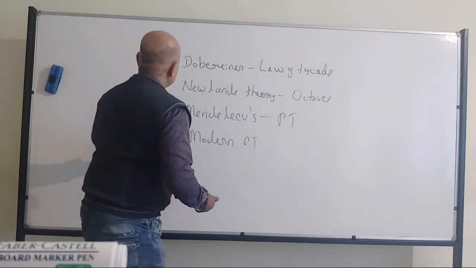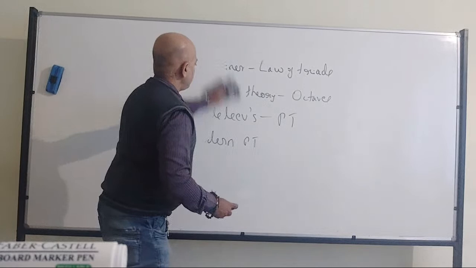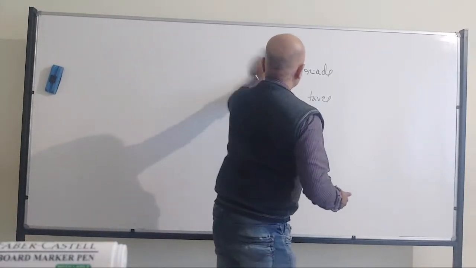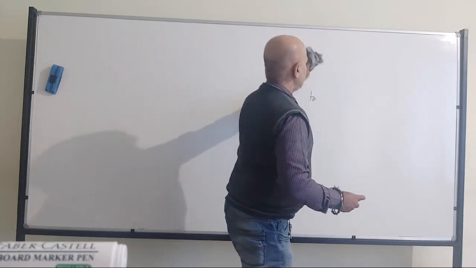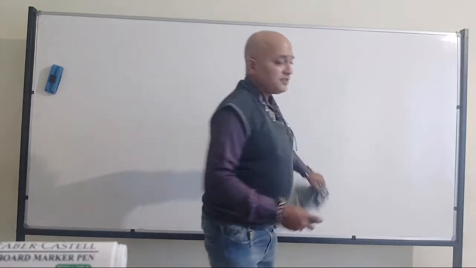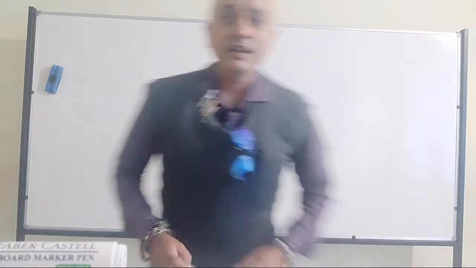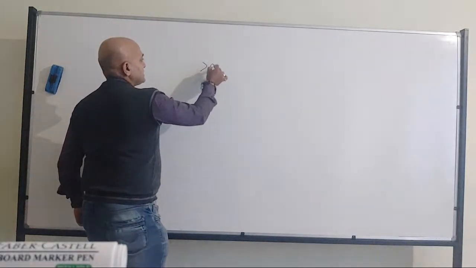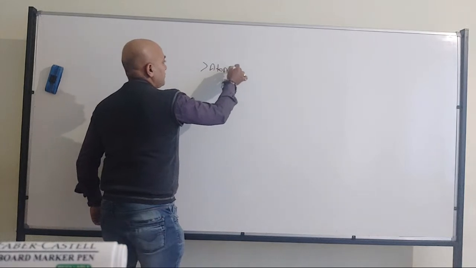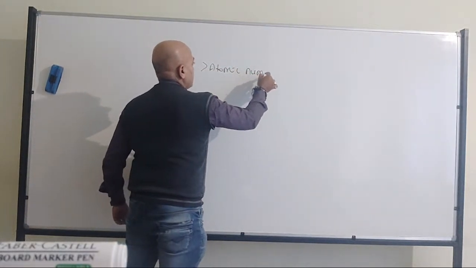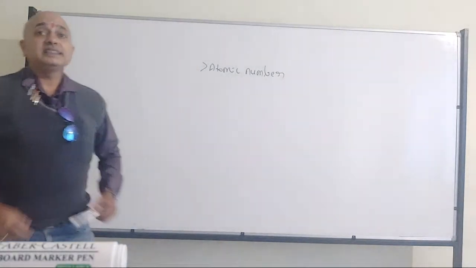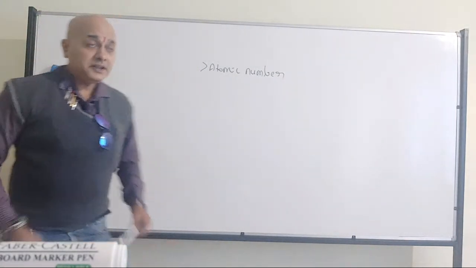Then we have discussed the periodic table. In case of the periodic table, the first one is the features of the periodic table. Definitely the first sentence should be that the modern periodic table is based on the atomic number, right?